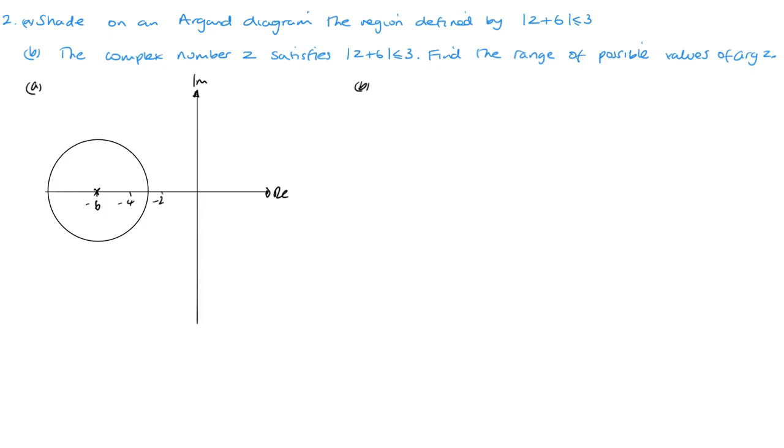Now, part B, the complex number z satisfies that circle. Find the range of possible values of arg z. So, for this, we need to go from the origin to the points where it touches the circle. So, something like that.